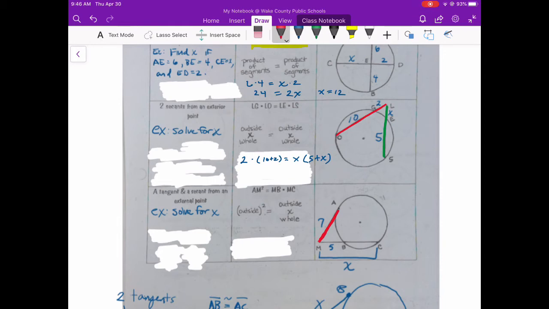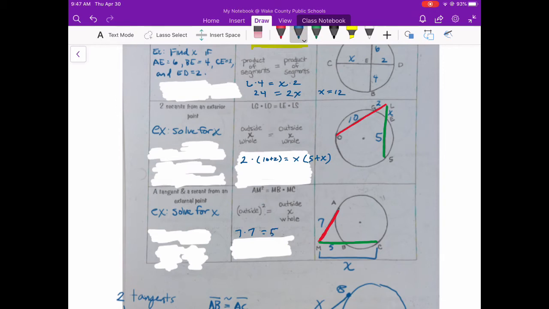So when I say outside times total, I end up doing the outside 7 times the total 7, because the entire segment is a tangent, and that tangent only is outside the circle. It doesn't go in because it only touches once. So outside times total equals outside. So I'm looking at this next segment here. The outside portion is 5.